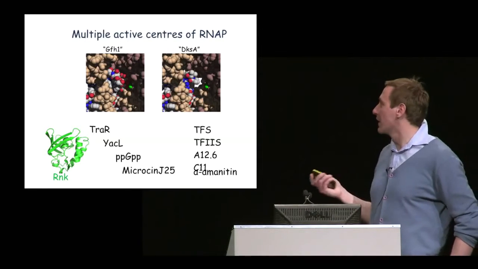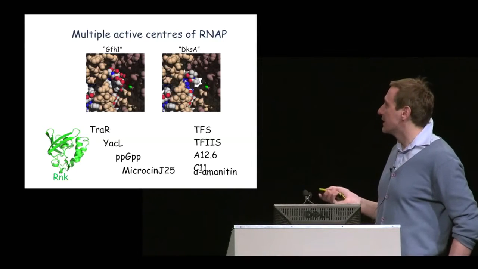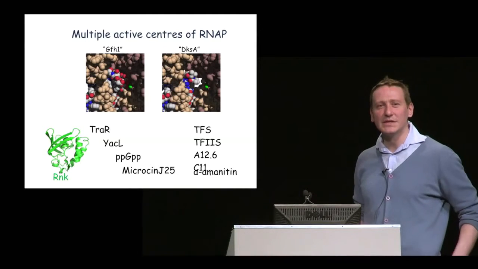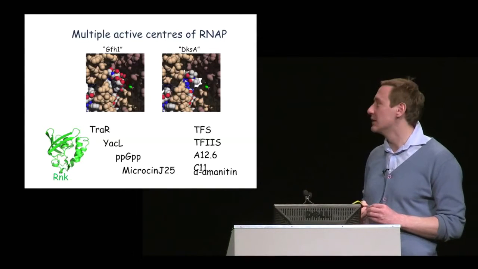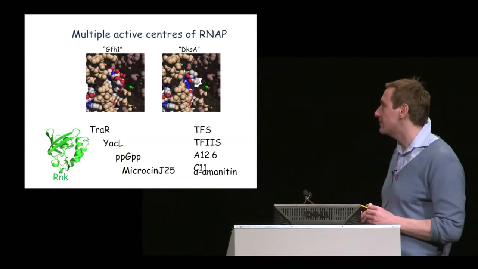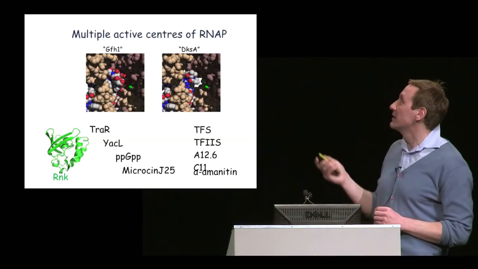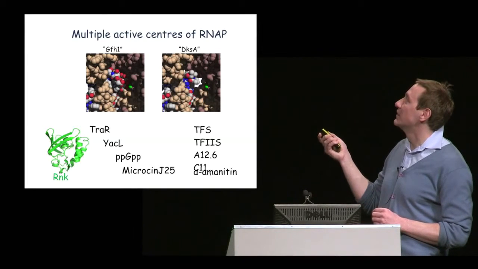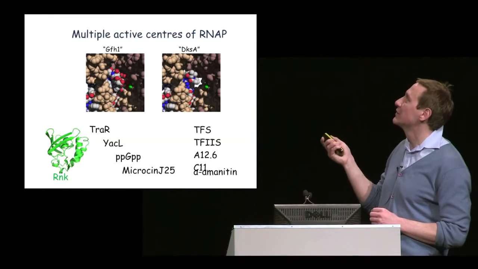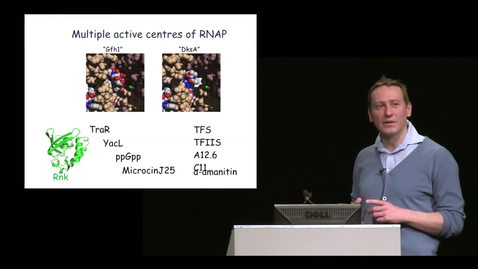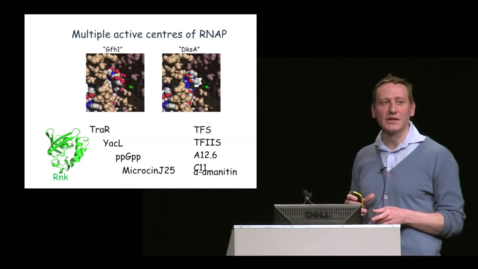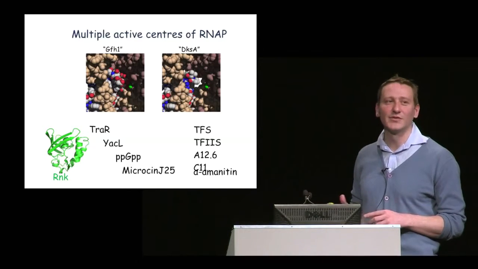And alpha-amanitin is the antibiotic that inhibits RNA polymerase II. It also binds over there at the top of the active center and sequesters the trigger loop active center in a conformation that is incompatible with catalysis and translocation.